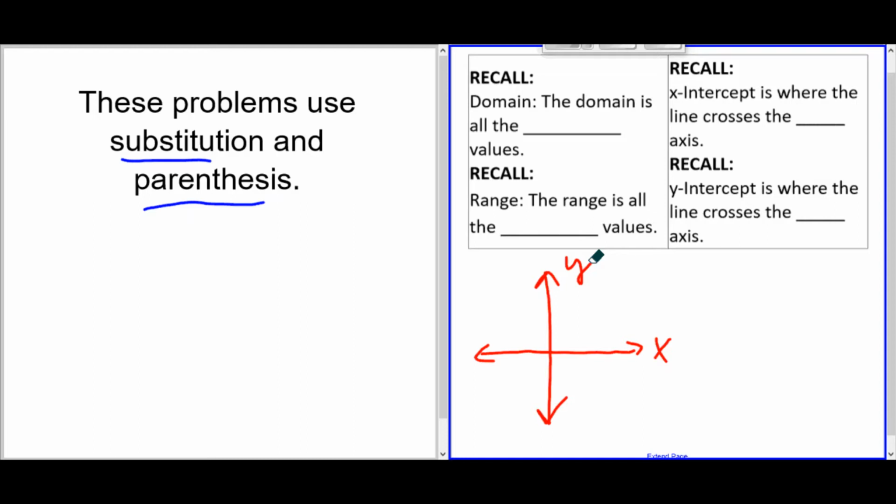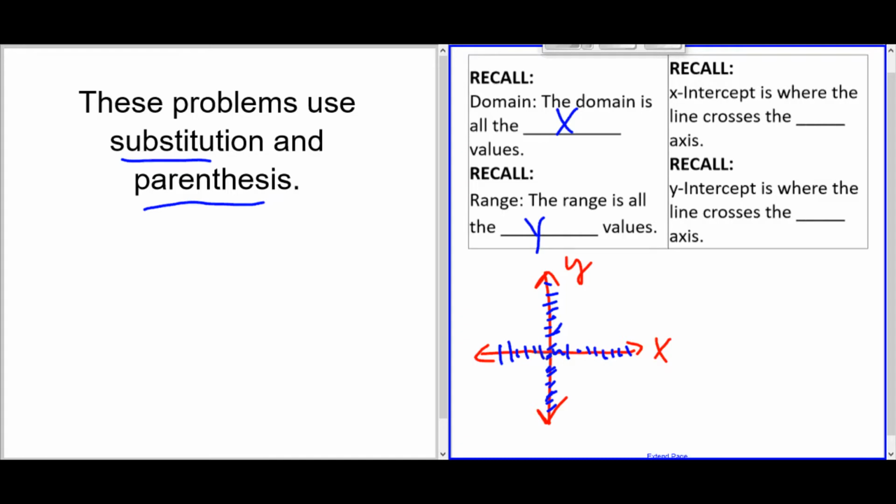The domain is all of the x values, so the domain goes left to right. It's all these values along this line here. The range are the y values, so the y values go up and down. Here's all the y values. You can go down, you can go up.